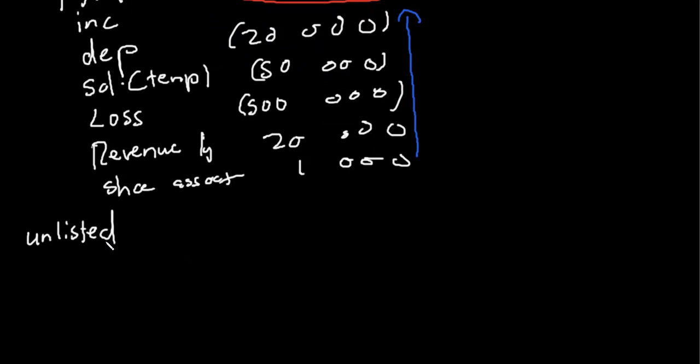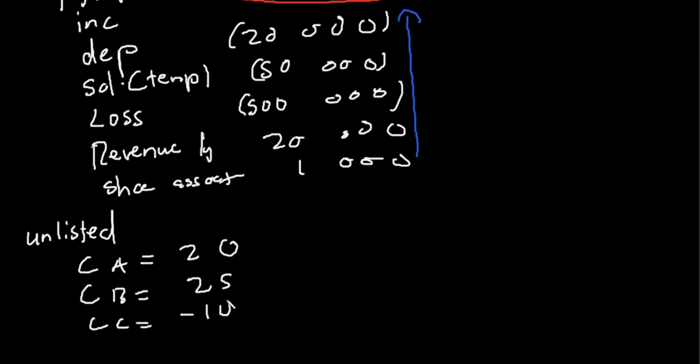We're told that from a comparable entity perspective, comparable entity A has a PE ratio of 20. Comparable entity B has a PE ratio of 25. Comparable entity C has a PE ratio of minus 10. Okay. We're also told that the industry average is 40. Okay.